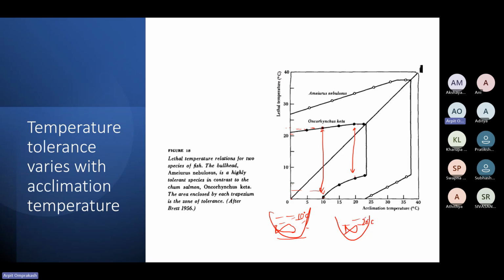Now if we take the tolerance of individuals from this 20-degree acclimatized fish, we see that this fish can stay at slightly higher temperatures, almost close to 25, let's say 24. Let's say the initial was 21. But they also tend to die off very soon. So now they can't survive till 0 degrees. Rather, they start dying off at around 7 degrees Celsius.